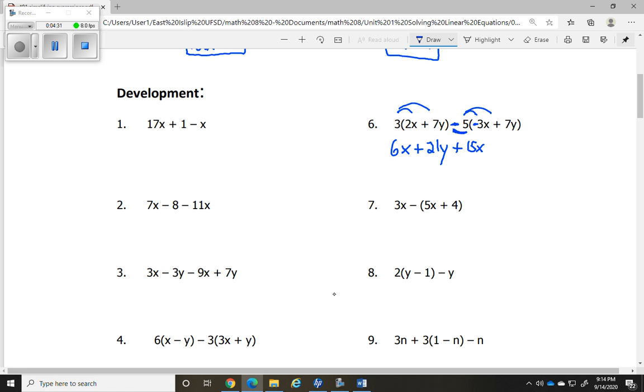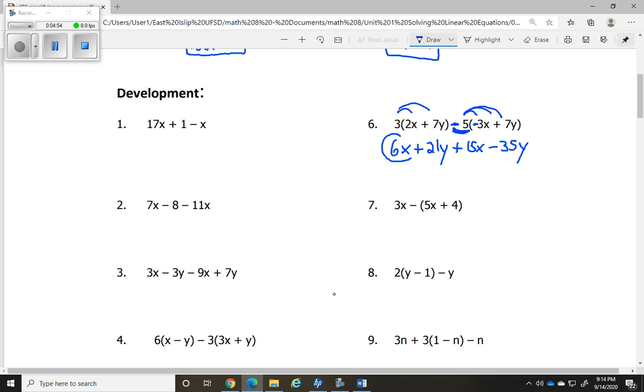Some people have like a misconception. They think that we bring signs down. We don't bring signs down. The sign that we write down is the answer to the multiplication we just did. So now I'm going to do this negative 5 times the positive 7 to give me a negative 35y.